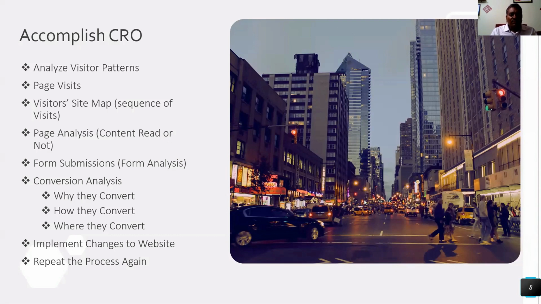Okay. Some of the ways we can accomplish CRO using conventional tools, which we have right now inside our websites itself: we have to analyze visitor patterns. Visitor patterns means, for example, let me say I am targeting digital marketers for the CRO product, and one of the digital marketers comes through my social media marketing, clicks and comes to our home page.